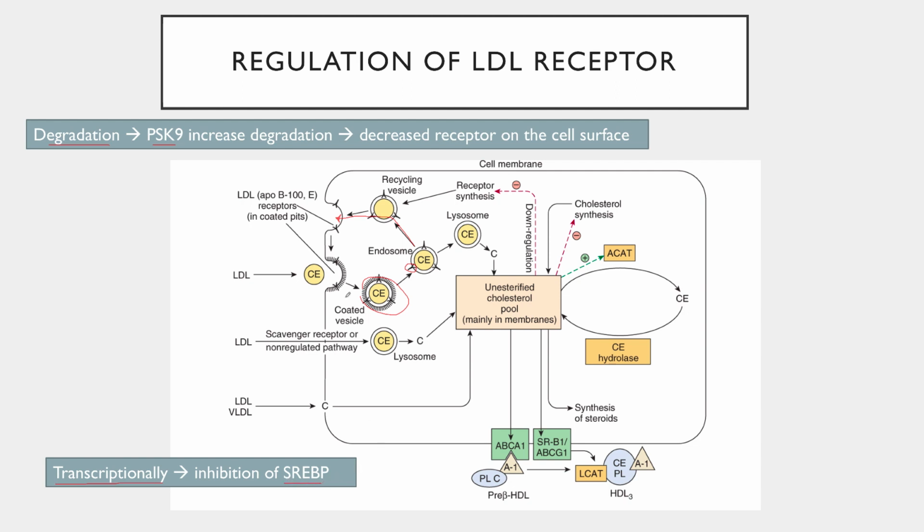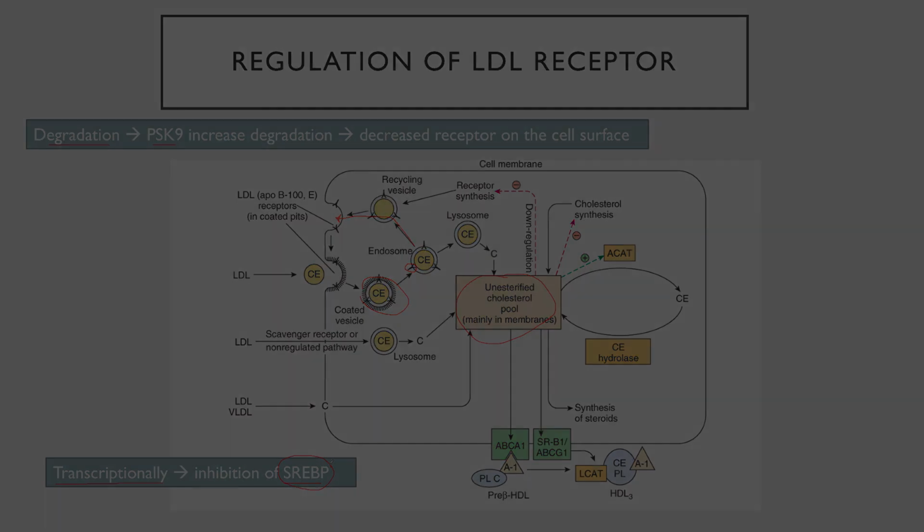So as cholesterol comes into the cell by LDL uptake, again, it increases this unesterified cholesterol pool. And high levels of cholesterol will inhibit the transcription factor, sterol response element binding protein. And by inhibiting that transcription factor, it's not available to increase transcription of either the LDL receptor or HMG-CoA reductase.